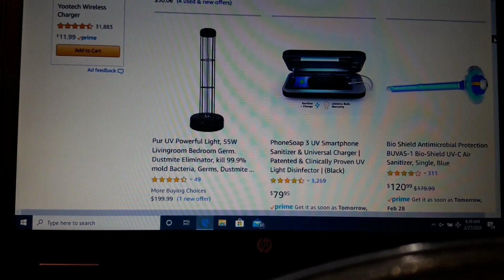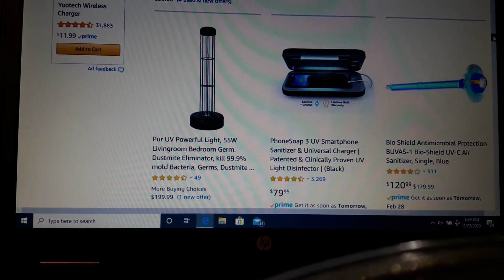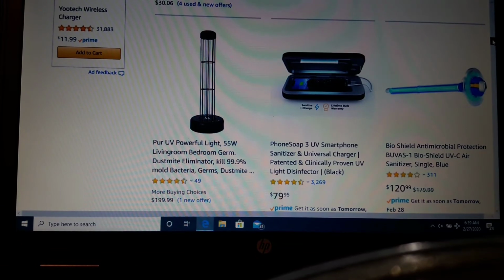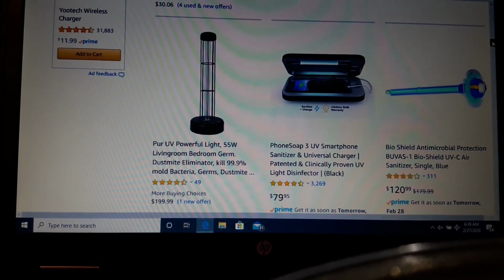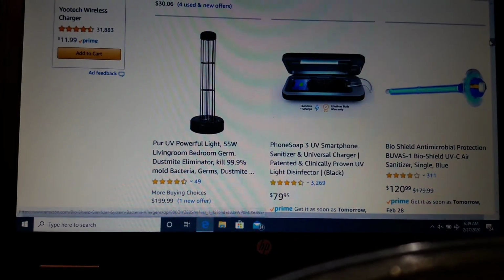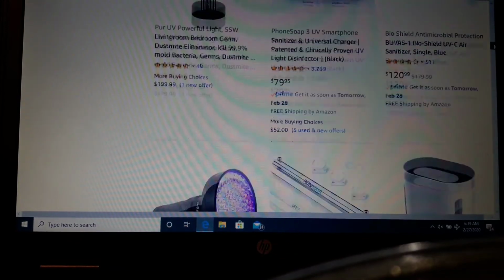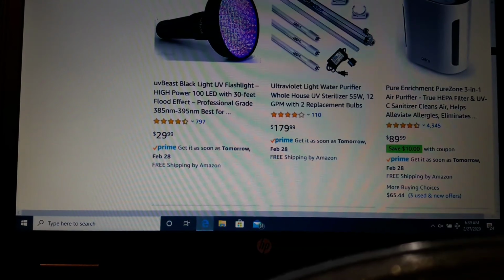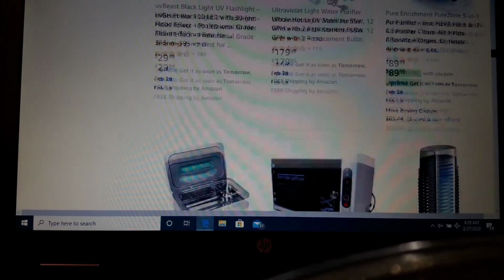So we're not really getting a whole lot of sunshine, so we're not really getting a whole lot of natural germ killing going on. So there's lots of ones here to look at that will sterilize things, keep the air in your home clean.